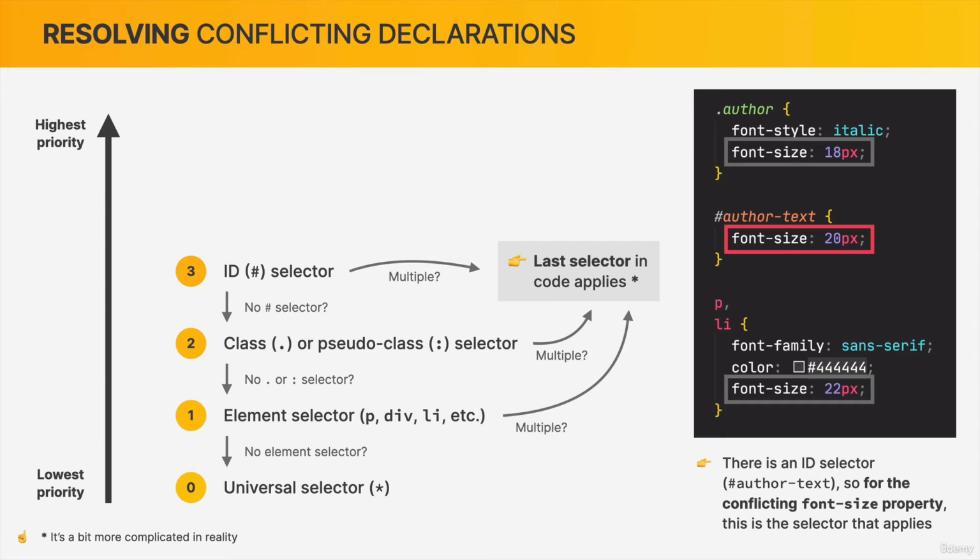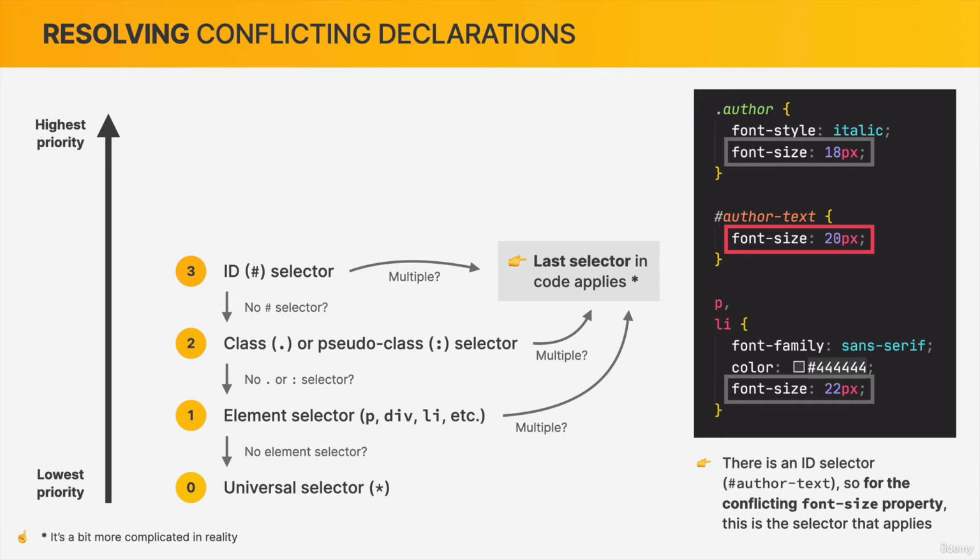But keep in mind that the font style, font family, and the color from all the other selectors still applies, right? So that's what I mentioned in the last slide. So if we have multiple rules, so multiple selectors that select the same element, then all of those rules apply. So these rules here are only for resolving the conflicting properties such as the font size in this case, because again, the font size is present in all the three rules that are applying right now to our author element.